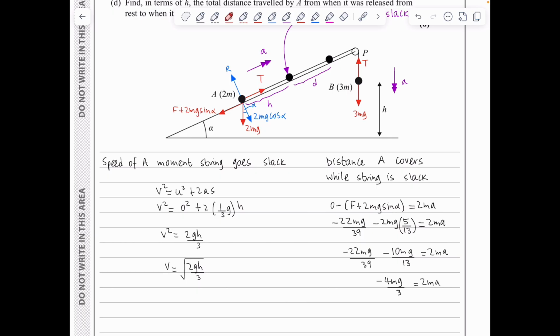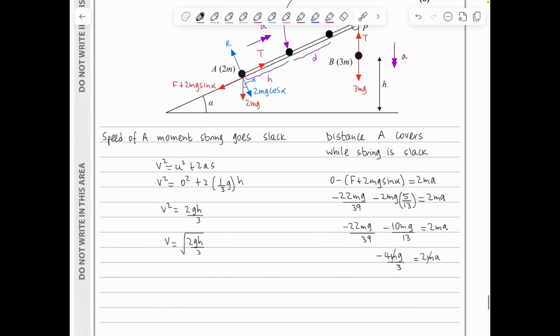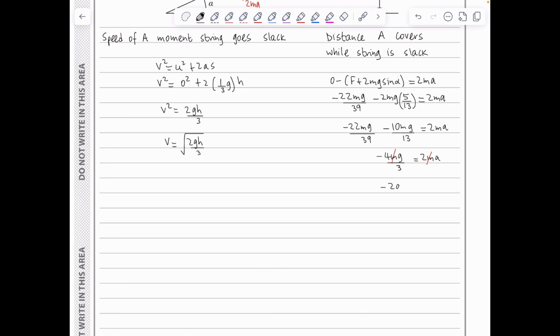The m is common to both sides. I will cancel it out. I will divide both sides by 2, and we arrive at a negative 2g over 3 to be the acceleration while the string is slack. We can therefore use v squared is u squared plus 2as again, and this time v is 0 because we're looking at the moment when A comes to rest.